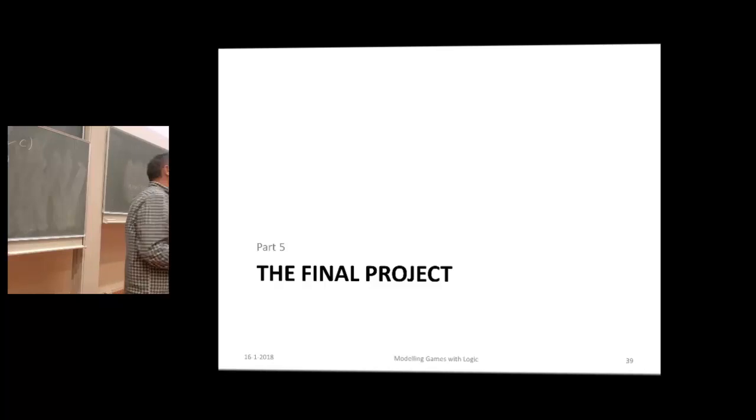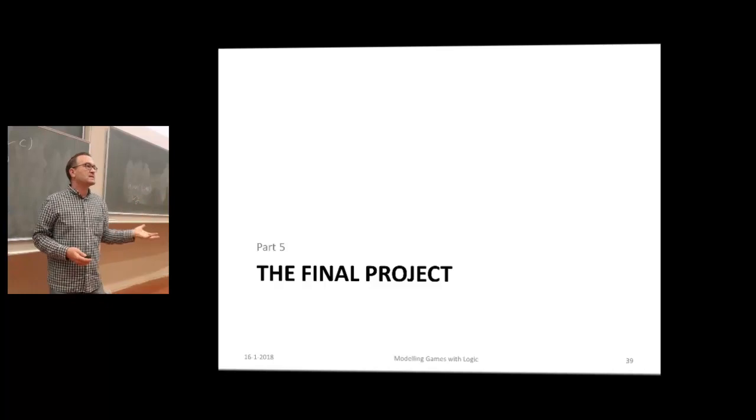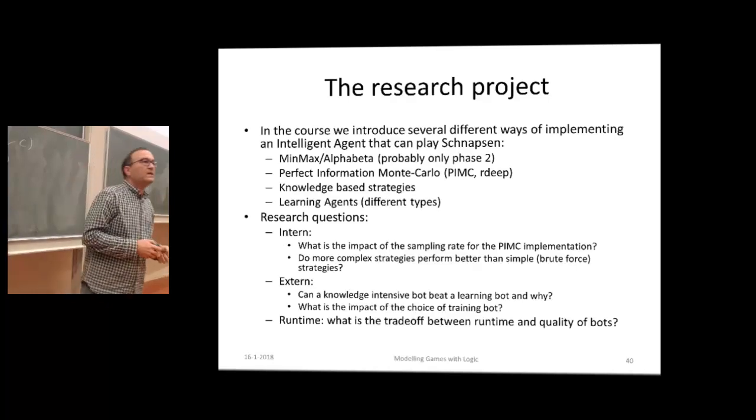So the final project is really about comparing the different strategies on the one hand, but even more important, the different ways of building intelligent systems. In the course, I think you have now seen 3 or 4 conceptually different ways of building intelligent systems for this specific simple problem.